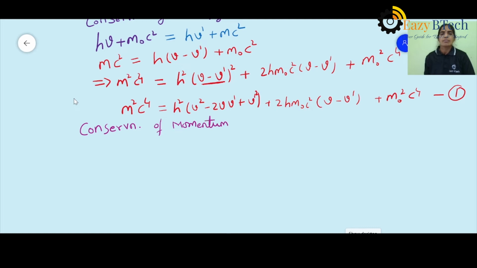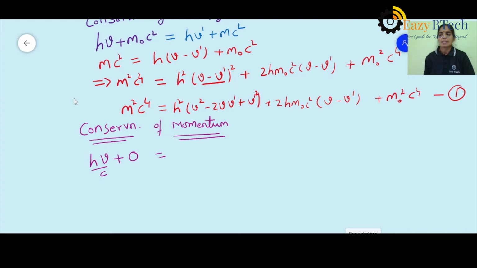So as I said, the photon is traveling in the direction of incidence in the before-collision situation. So I only have the x-axis for the photon, and the electron is at rest, so I have 0. For the photon it is h mu by c and for the electron it is 0.